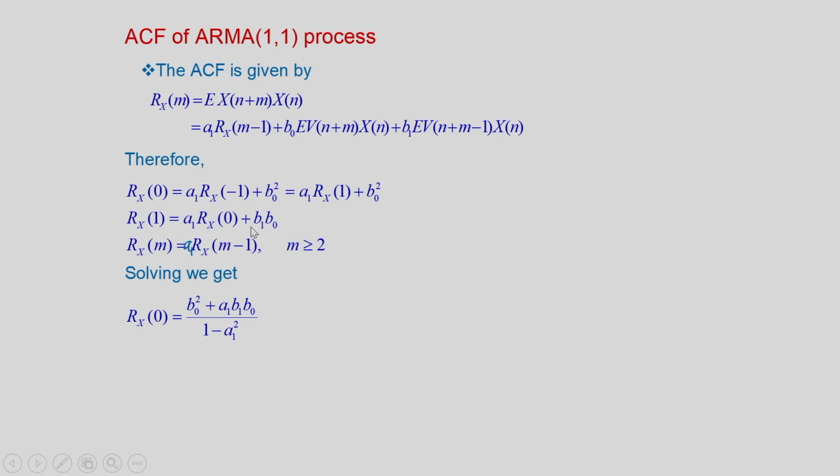That way we will get R x of 1, and these two equations, R x of 0 and R x of 1, can be solved to find out R x of 0 and R x of 1. For m greater than or equal to 2, we will have the Yule-Walker equation, that is R x of m will be equal to a1 times R x of m minus 1. So, that way we can get the remaining autocorrelation functions like R x of 2, R x of 3, etc.